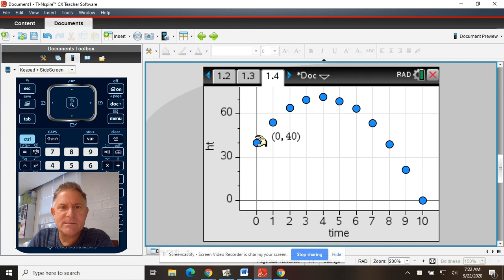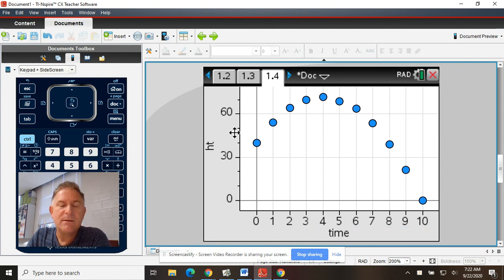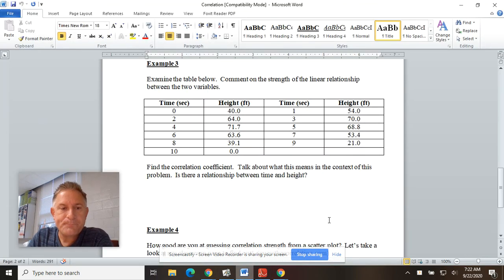Maybe there's a quadratic something or other going on here. I don't know, but I certainly know that I'm not going to use R. I'm not going to use my correlation coefficient to talk about this problem because we don't have a linear relationship. We do have quantitative variables, time and height, but they don't have a linear relationship. So do not talk about correlation with a problem like this.